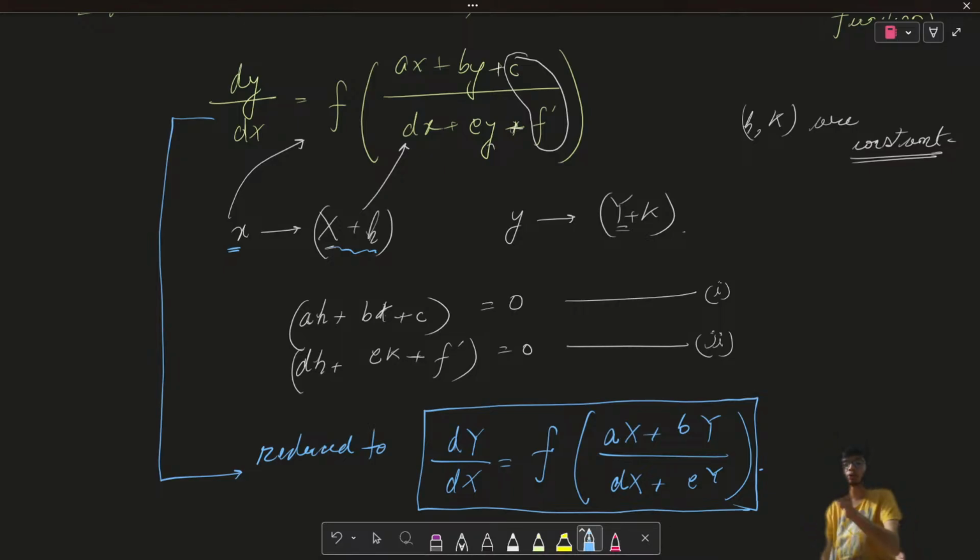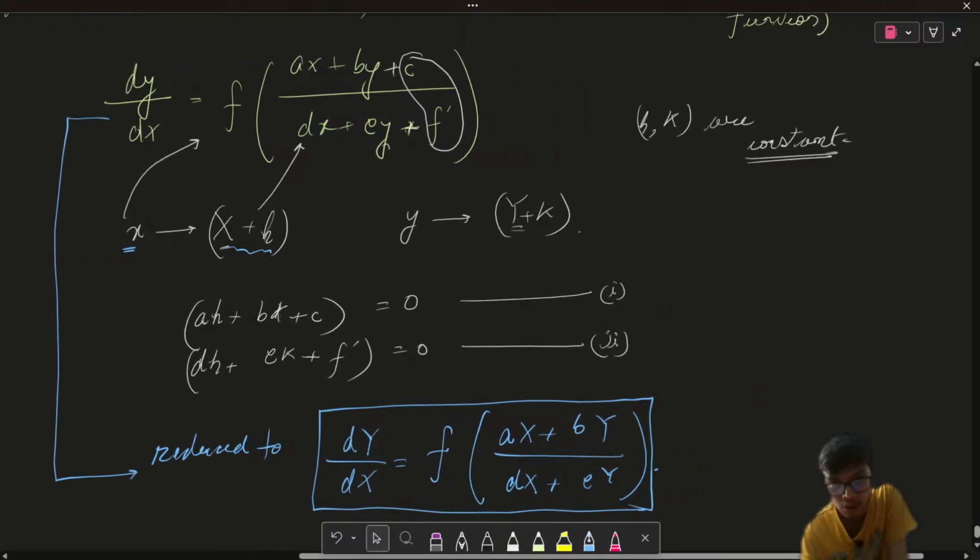Okay. So now if you look carefully, this expression is a homogeneous form of differential equation, which can be easily solved by what we already saw in our previous class. Now this expression is clearly homogeneous.